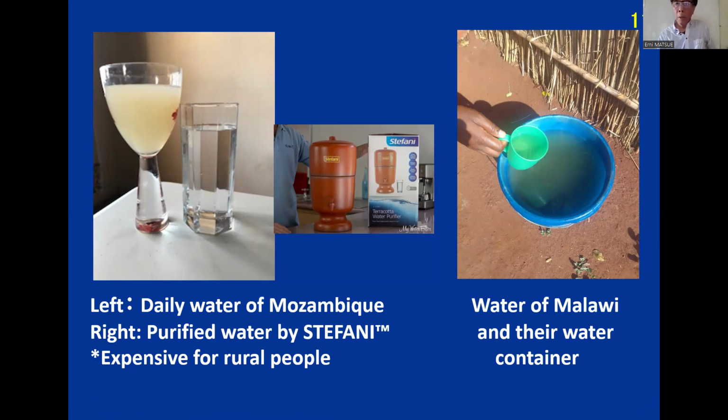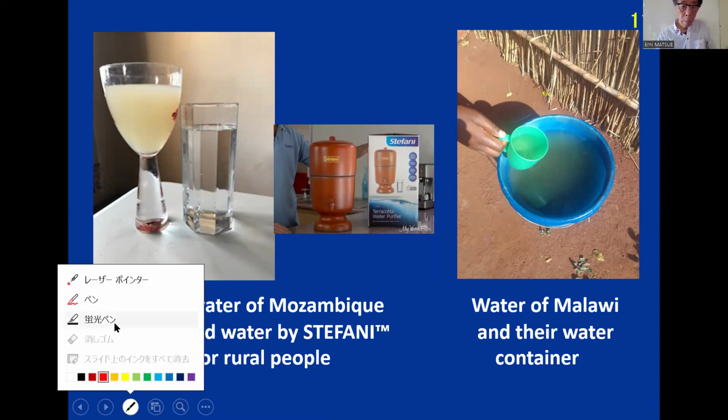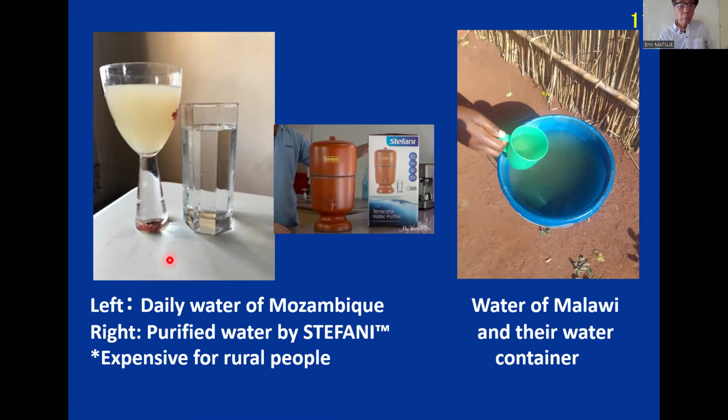My student in Africa sent me the photo. This is the water, and this is the water purified by a filter.